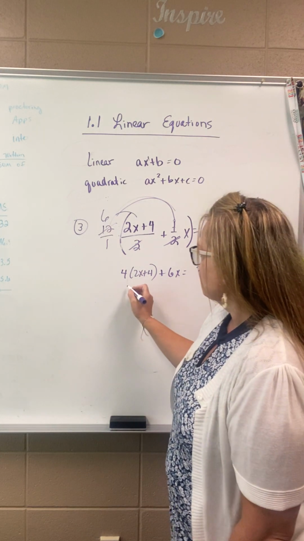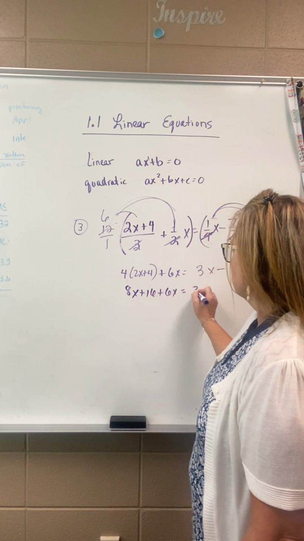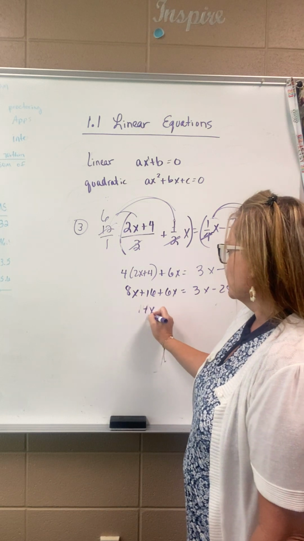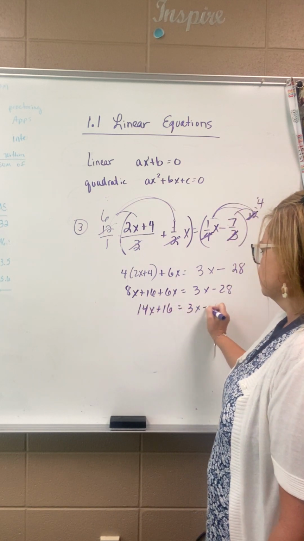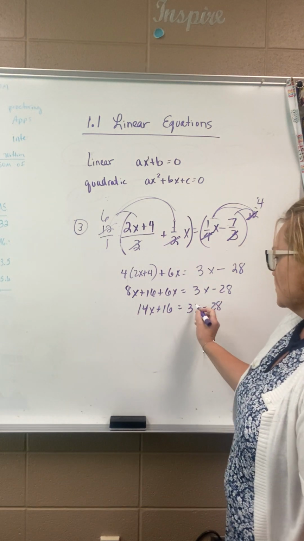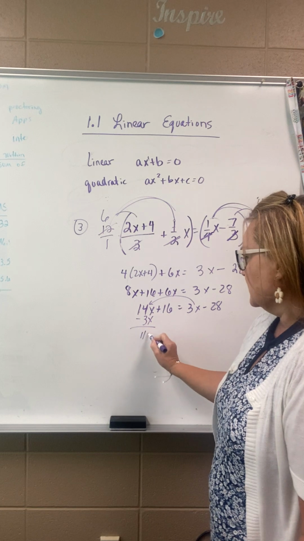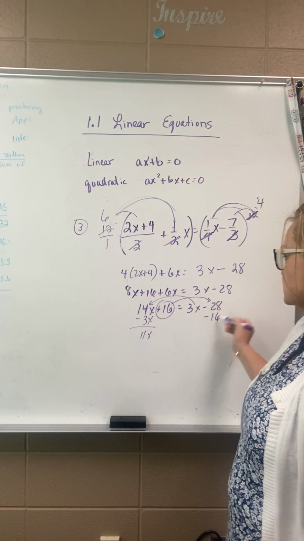Then we proceed with our steps, distributive. Combine any like terms on each side. 14 x's on this left side and 16. Take your variables to one side, so minus 3x makes 11x. 16 to the other side, minus 16.